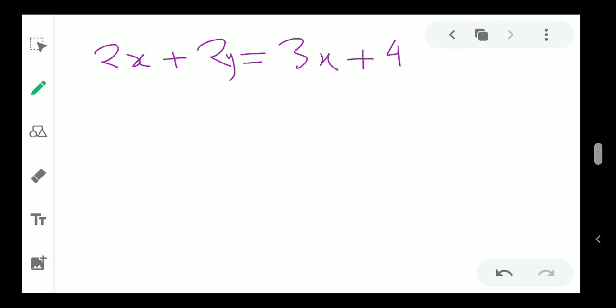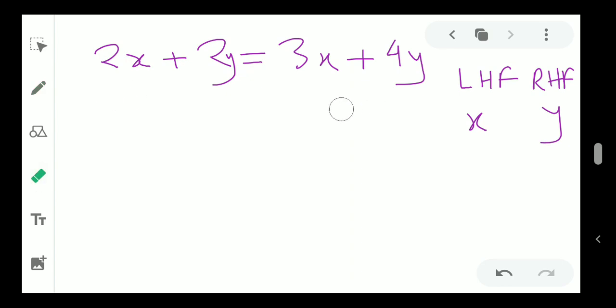This side I'm writing y, and this is also y, and I have to make one relation between x and y. Like x will be on the left hand side, so this side will be only x, and the right hand side will be only y.